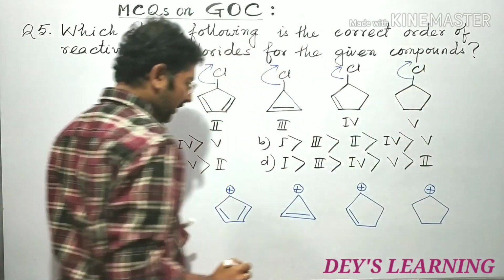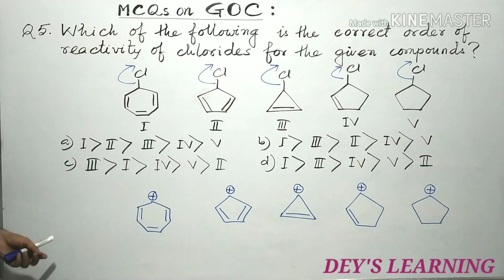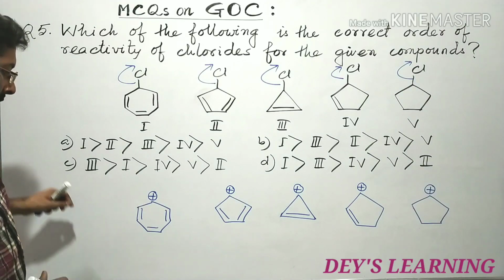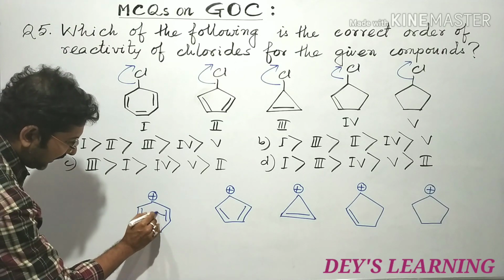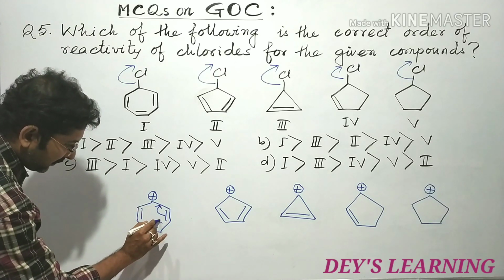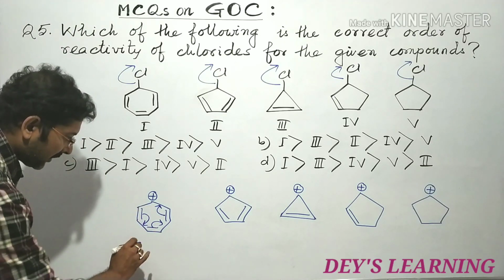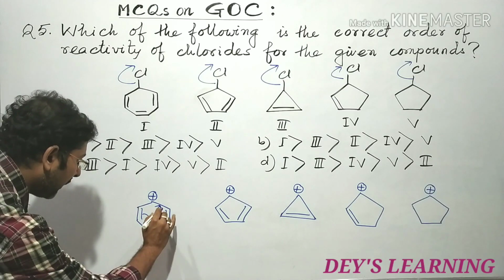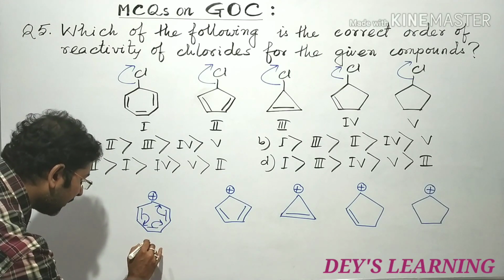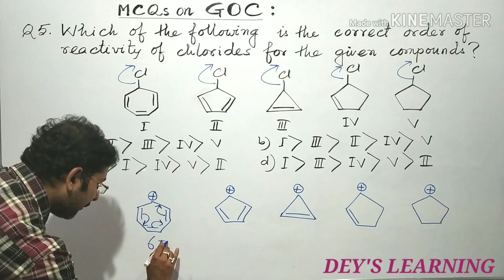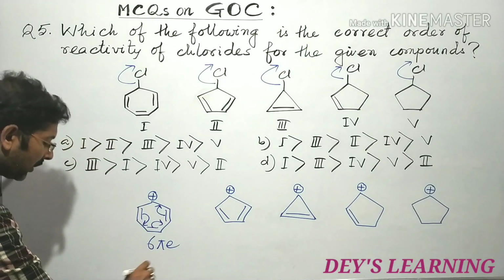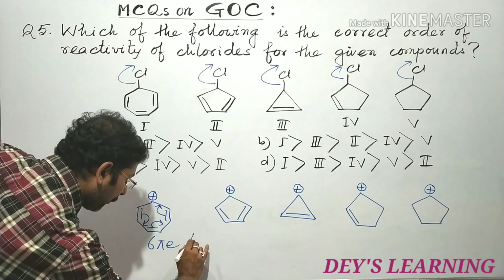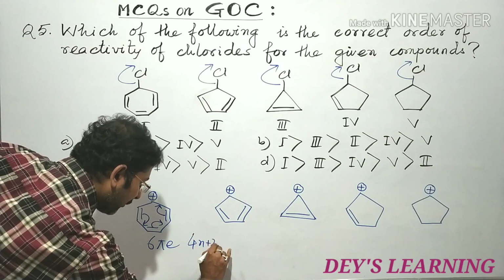Now we have to arrange these 5 carbocations in the order of their stability. Look here. This is an aromatic carbocation. This is a resonance stabilized system. It contains 2, 2 and 4 and 2, that is 6 pi electrons. We know according to Huckel's rule, the system contains 4n plus 2 pi electrons.